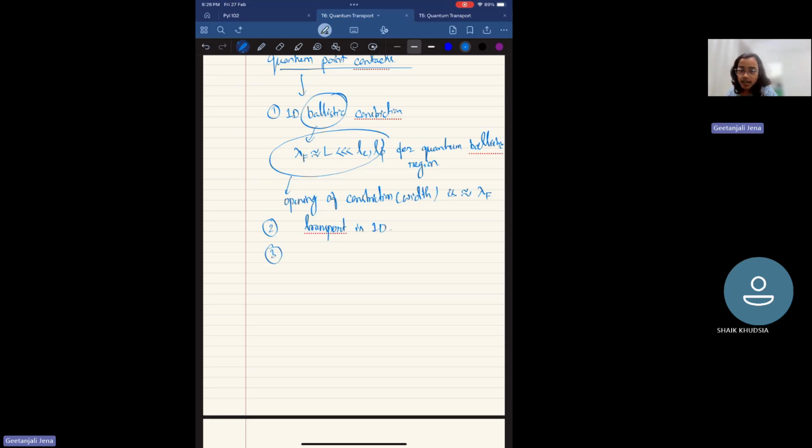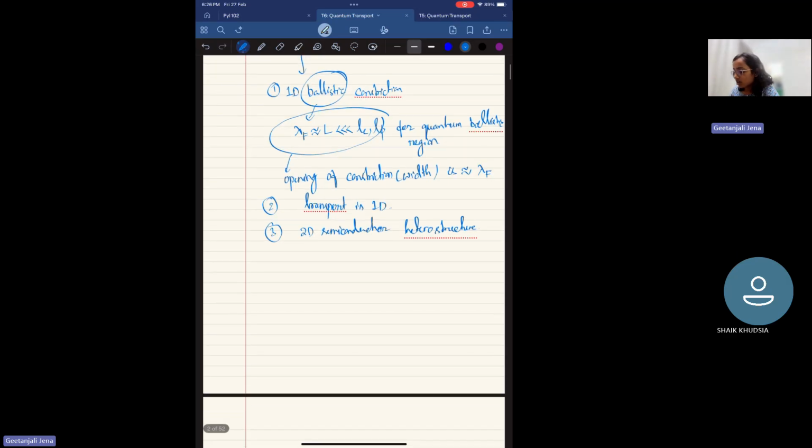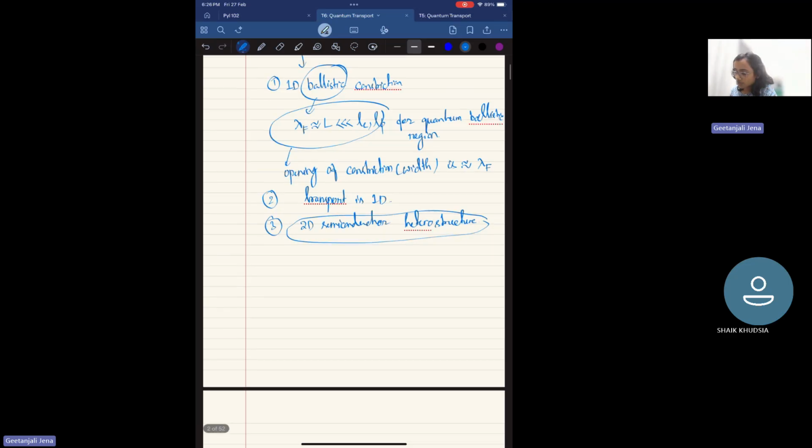And where do we see this kind of effect? We typically see this 1D quantum ballistic transport in a 2D semiconductor heterostructure. It's not the only case; we have other materials like metals where we also see the same kind of effect. So this is one of the cases where we can see 1D quantum ballistic transport.